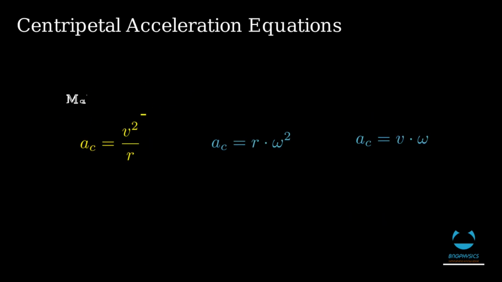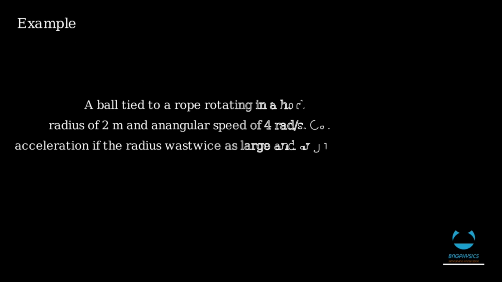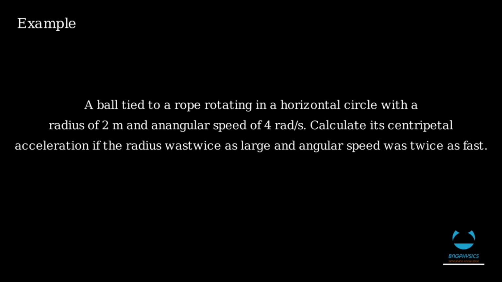Let us take an example here to show how to calculate the centripetal acceleration. Our first example is about a ball tied to a rope that's rotating in a horizontal circle with a radius of 2 meters and an angular speed of 4 radians per second. Here we calculate its centripetal acceleration.